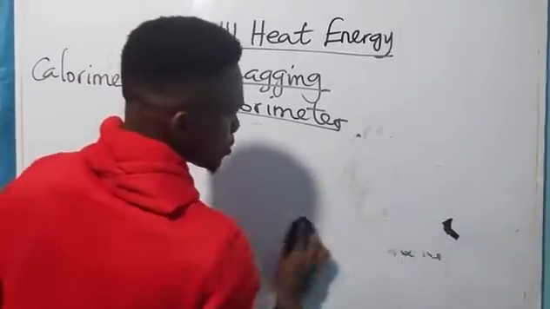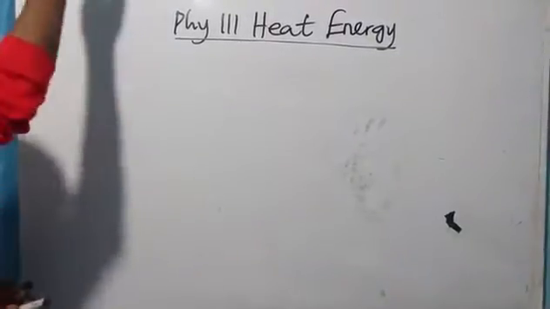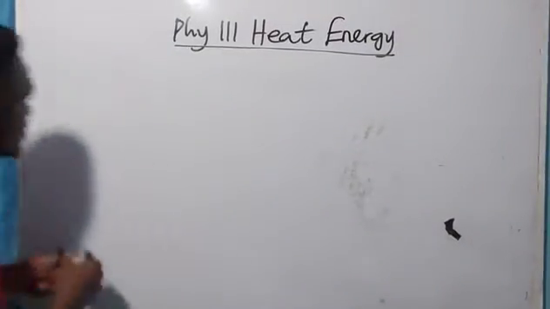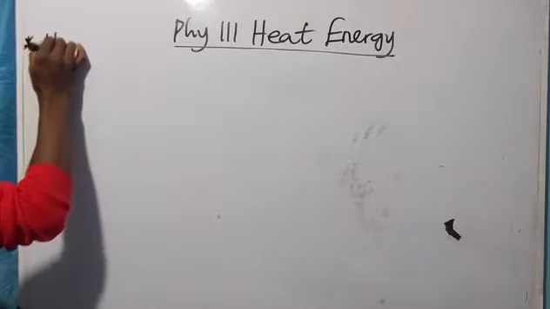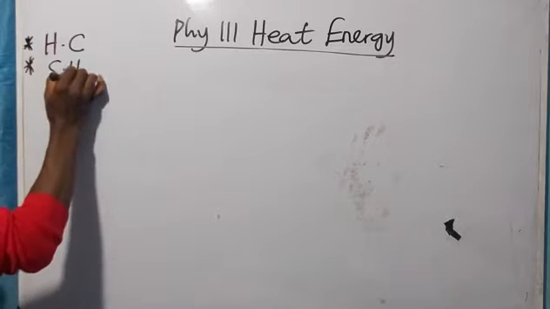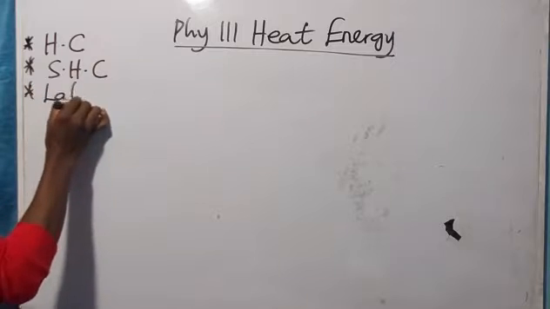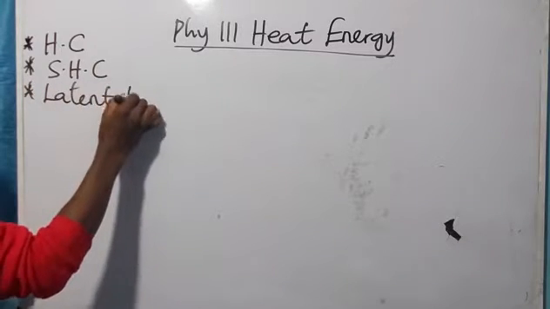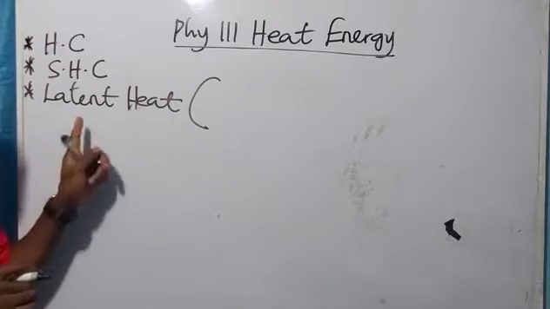Okay, the next one we are going to be taking is latent heat. We've established heat capacity, and we have also established specific heat capacity. Now the next one is what? Latent heat. Please, there's something you have to take note of in latent heat.